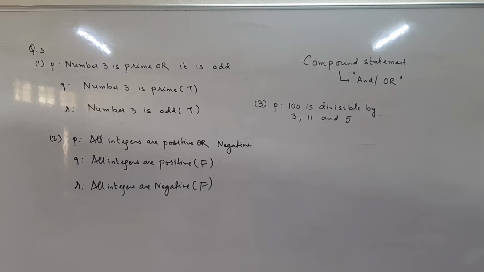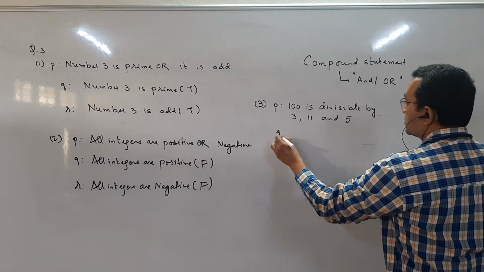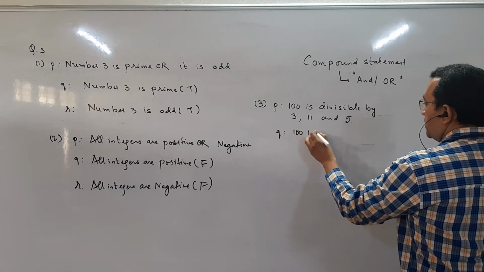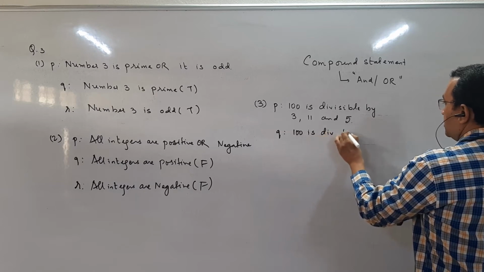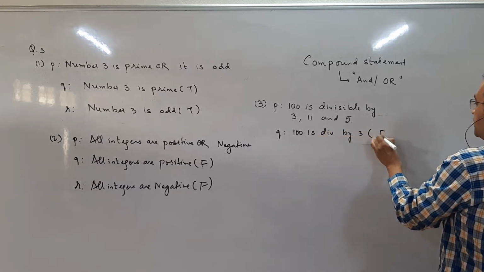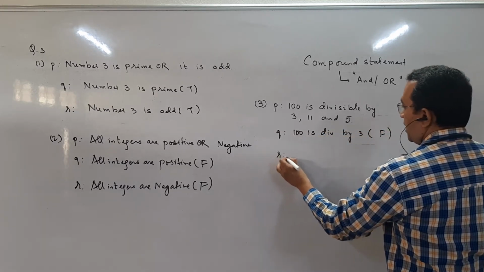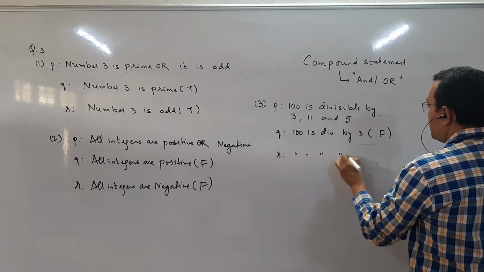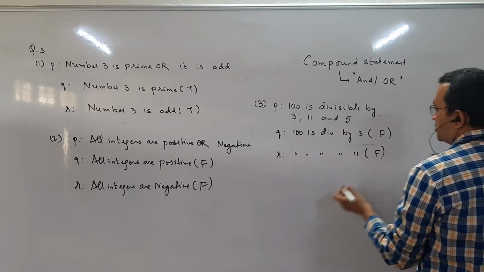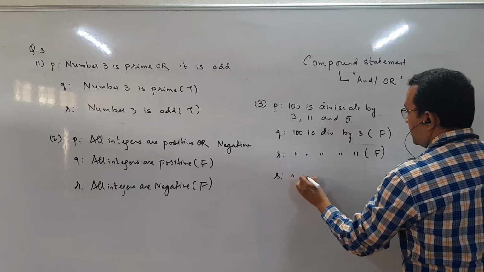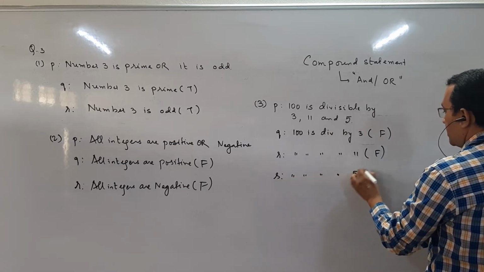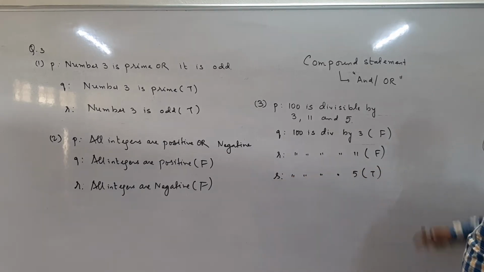So here the component statements will be like this. First, let me write Q: 100 is divisible by 3, definitely false. R: 100 is divisible by 11, definitely false. S: 100 is divisible by 5, definitely true.